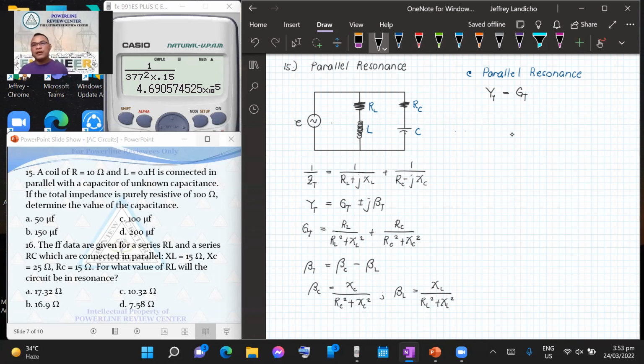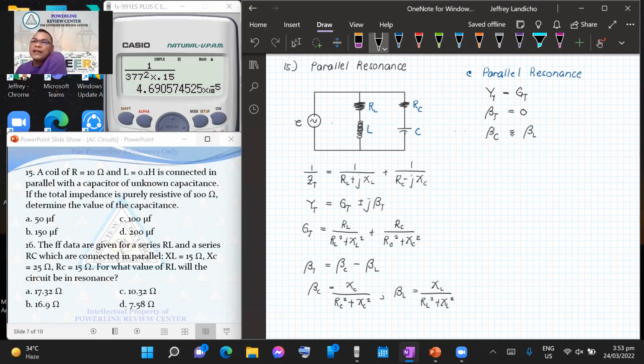Nagets ba? Kaya lumalabas, during parallel resonance, your impedance is just purely resistive. So, para mag-equal yan, dapat yung ating net susceptance, it should be 0. Para mag-zero yan, dapat yung ating capacitive susceptance equal kanino? Inductive susceptance.